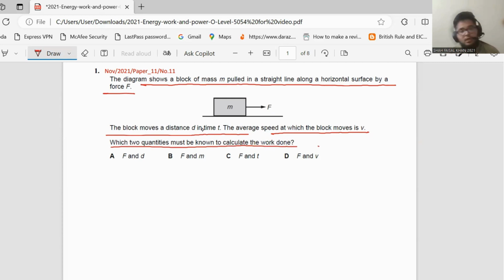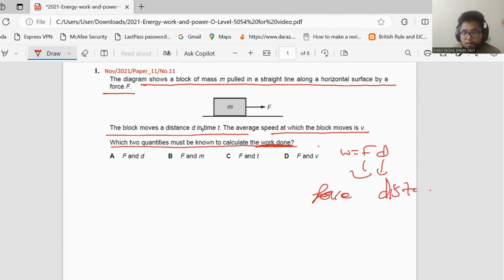So basically, it's asking what two quantities should be known to find the work done. Work done is equal to F into d. So it means that force and distance should be found for work done.